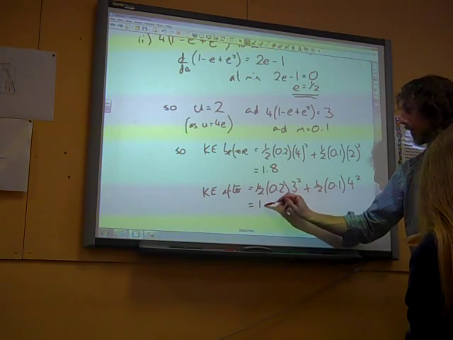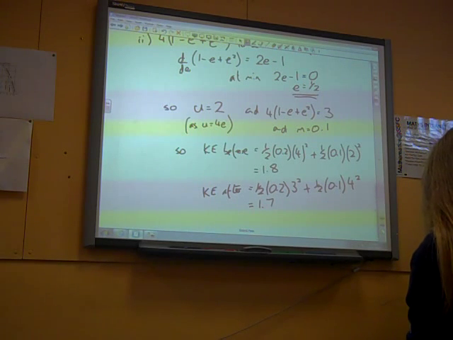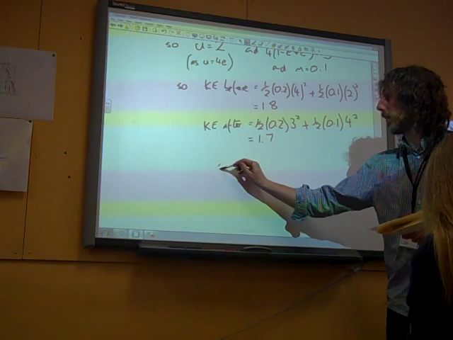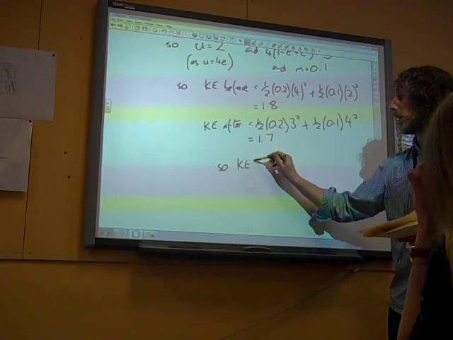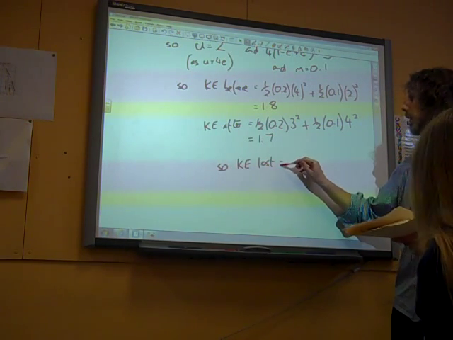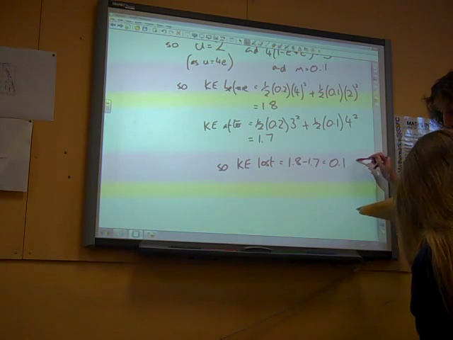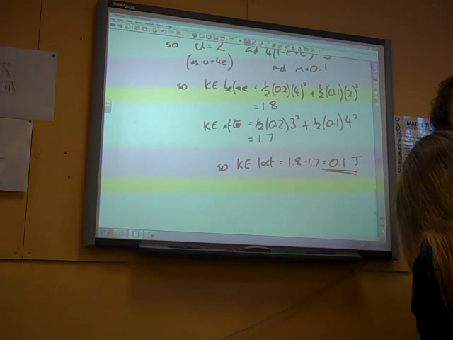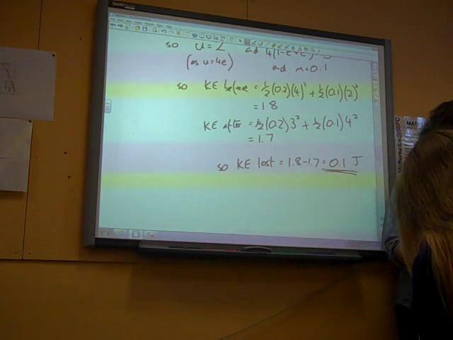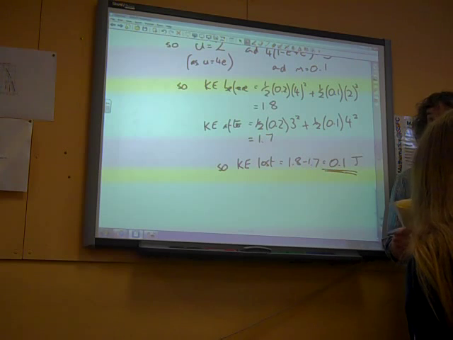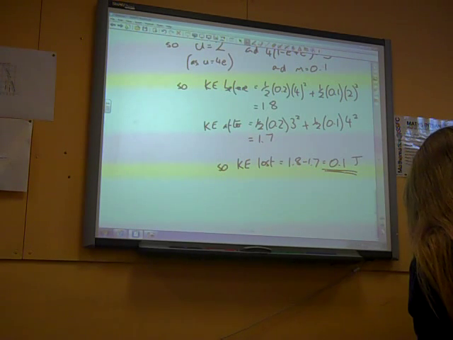And that is 1.7. And I think we can see from that that the kinetic energy lost is 1.8 minus 1.7, which is 0.1 joules. That's how much we've lost. Okay? Oh, it's all going great.